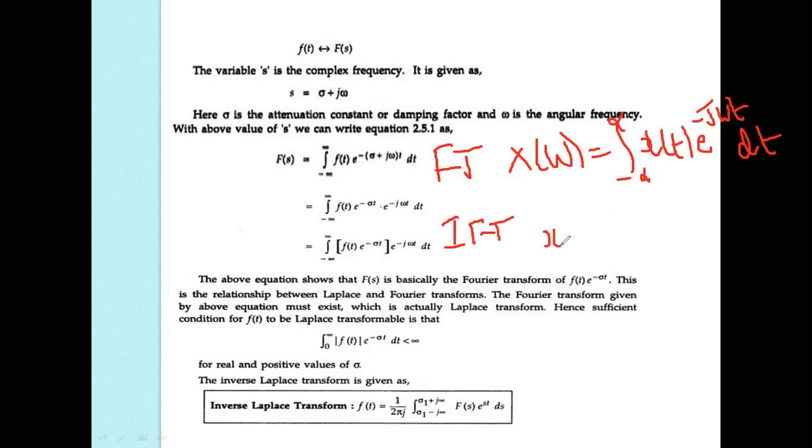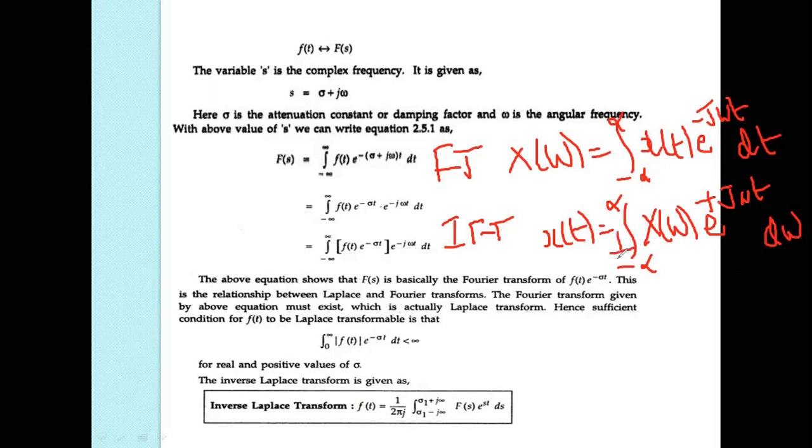Here x(t) is equal to the integral from minus infinity to infinity, now with X(omega) as input, and the negative exponential becomes a positive exponential, e power j omega t, with respect to the frequency, and 1 by 2 pi also. Because X(omega) is a frequency signal, we apply the integral with respect to frequency; for a time domain signal, we apply the integral with respect to time only.